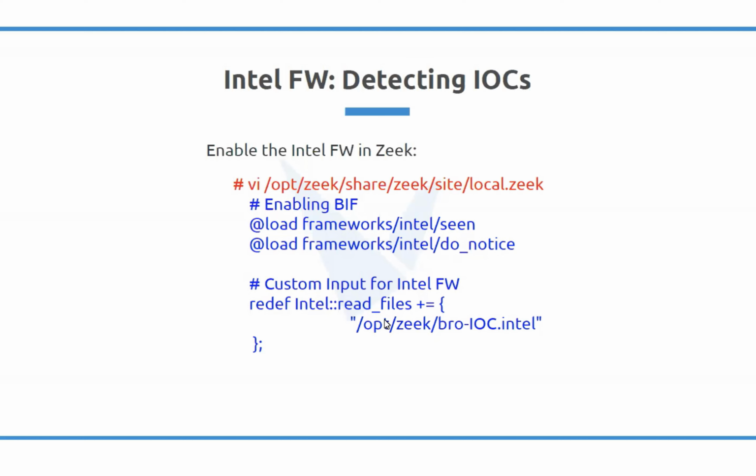All you need to do is add the path of the Intel file that you want Zeek to load, or watch for. That file, ioc.intel, will have all the IOCs that you want Zeek to watch for in your traffic. So these are the only two configuration changes you require to enable the Intel framework in your network.